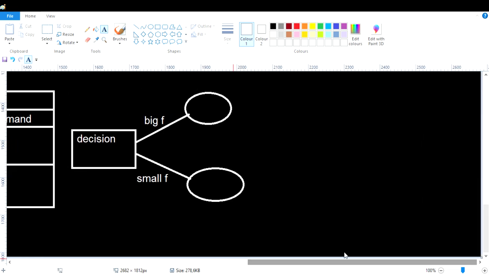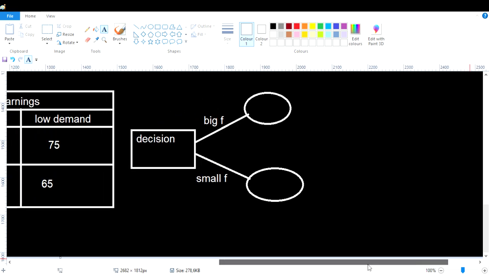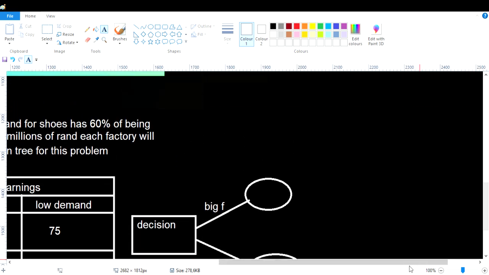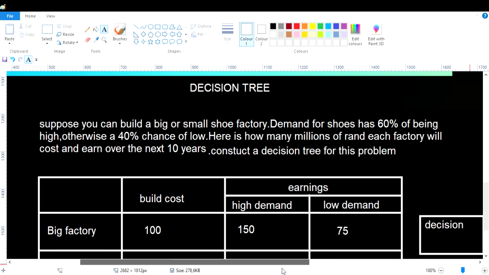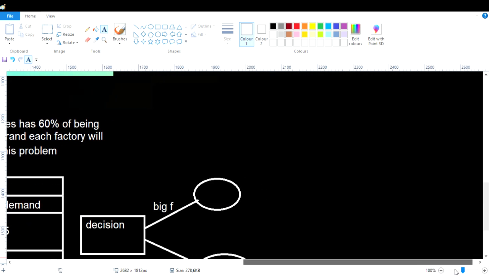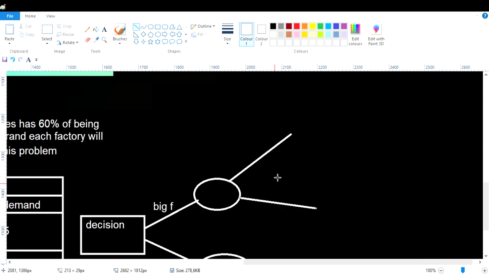And then let's go back to the scenario. Demand for shoes has 60% high, otherwise a 40% chance of low. So here let's include the demand. The demand can be low, can be high. Let's do the same thing here.